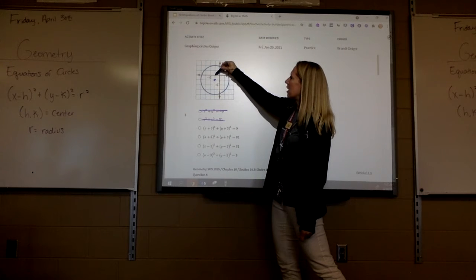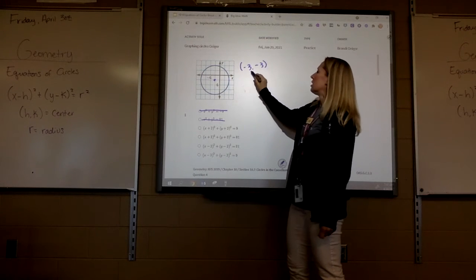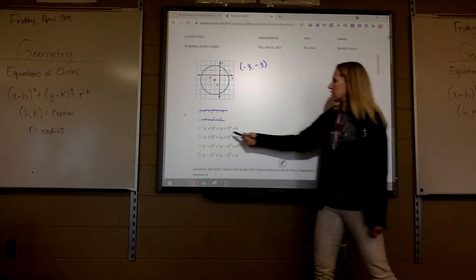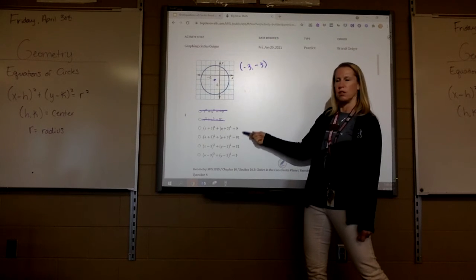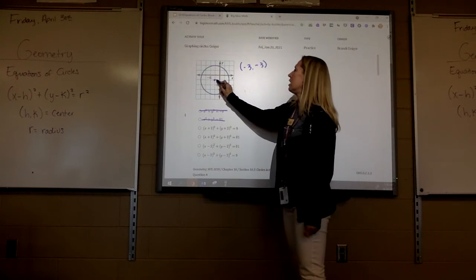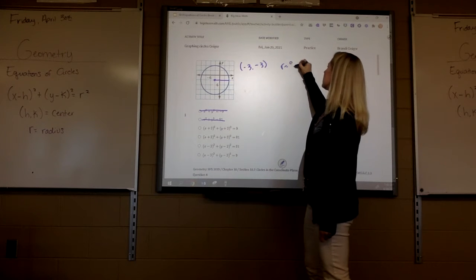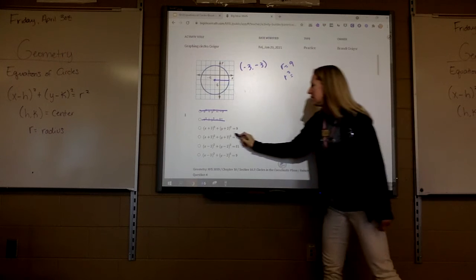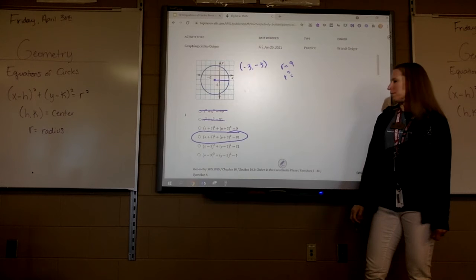So this would be -3, comma, -3. So what's it going to look like in the equation? Positive. So it's got to be one of these two right here. My radius has a length of 3, 6, 9, because these are numbered by 3s. So if my radius is 9, what would my radius squared be? 81. So it is that one. Yes.